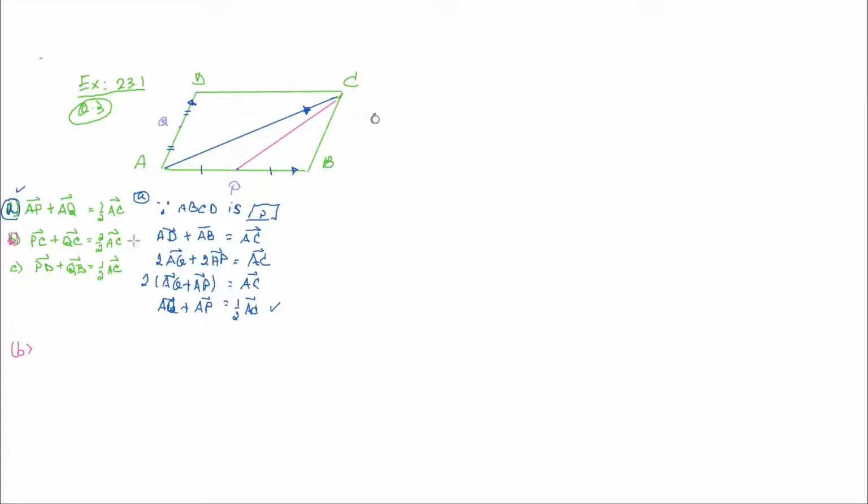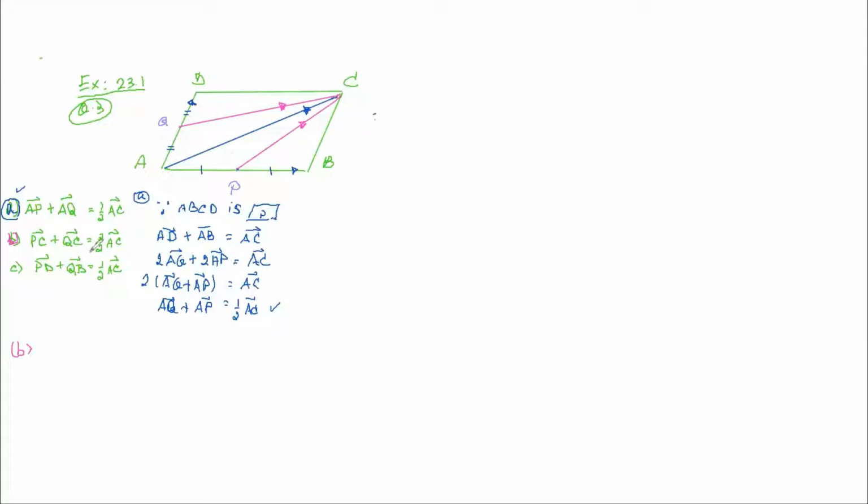And QC, we draw this one also, QC. Now for PC, we have to go in this direction, with the arrowhead at the destination C. Also QC, the destination should be C, from Q to C.